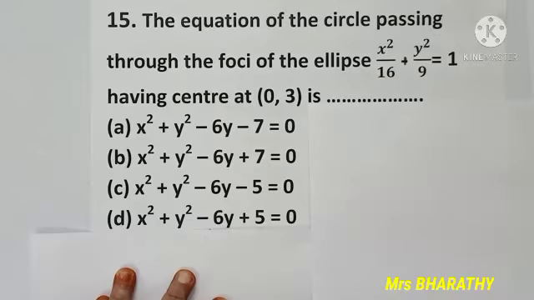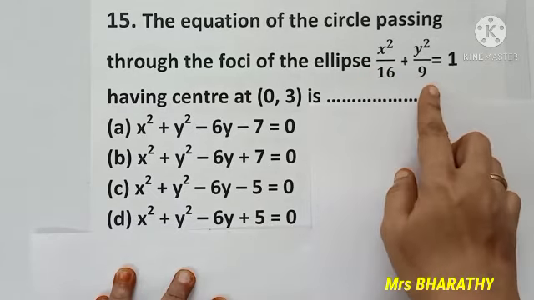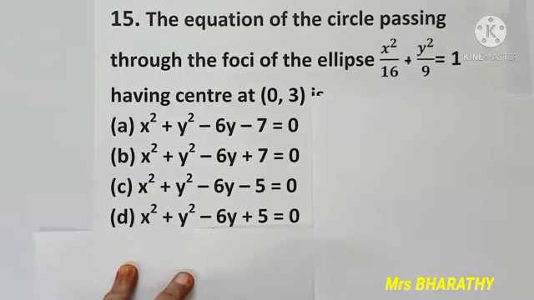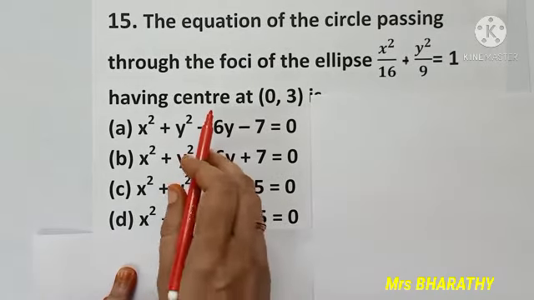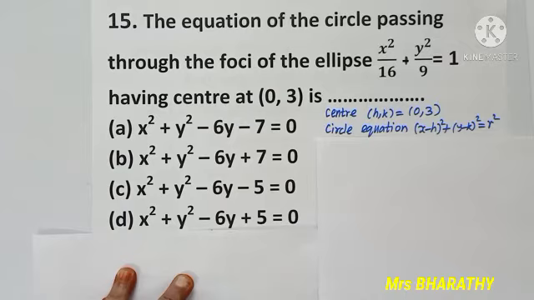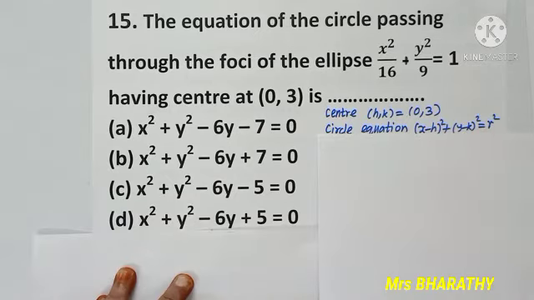Question number 15. The equation of the circle passing through the focus of the ellipse x square by 16 plus y square by 9 equals 1, having center at 0, 3. They have given center of the circle. Treat center as h, k. We recall the equation of the circle x minus h the whole square plus y minus k the whole square equals r square.